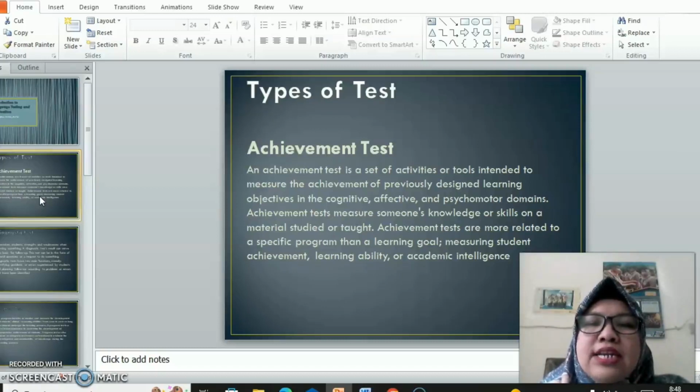Talking about learning objectives refers to the learning objectives which are already stated in our curriculum K13. So teaching and learning English in Indonesia has been mandated in K13.